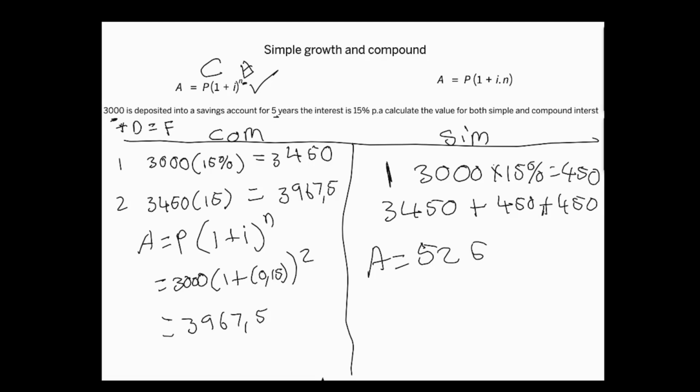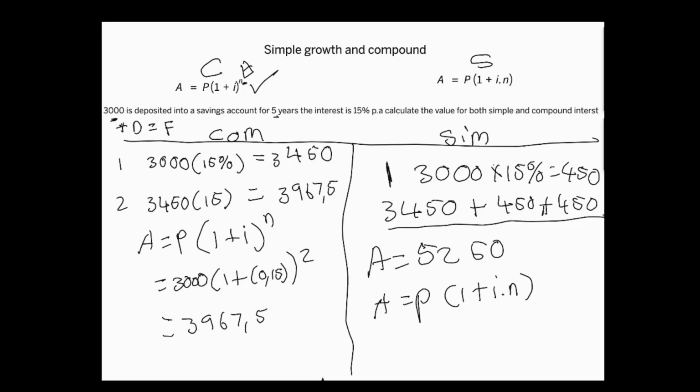5,250. Right, again, you could get a question that asks you the interest in 30 years, right? So you don't have to do it individually as we did here. What you can do, you can use this formula for simple interest. So you're going to say A equals P(1 plus I) multiplied by N. So the interest multiplied by the number of years.